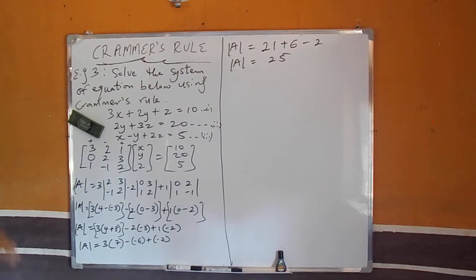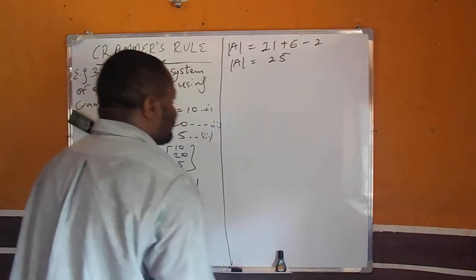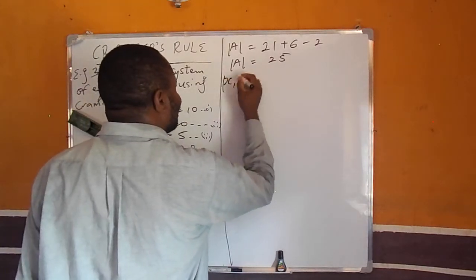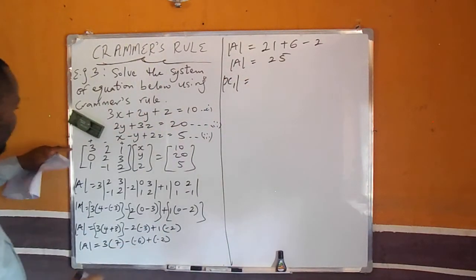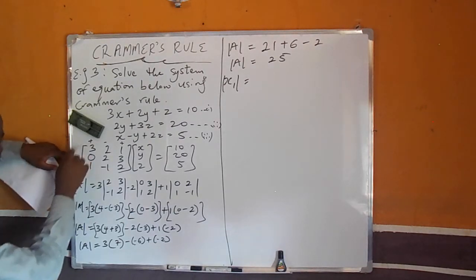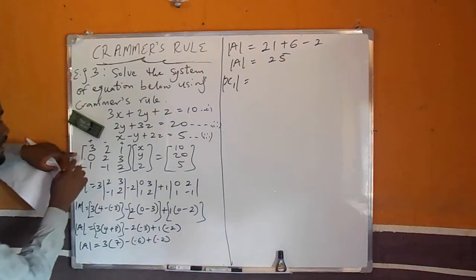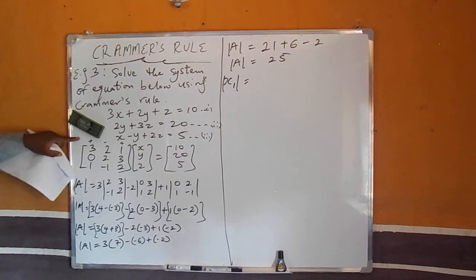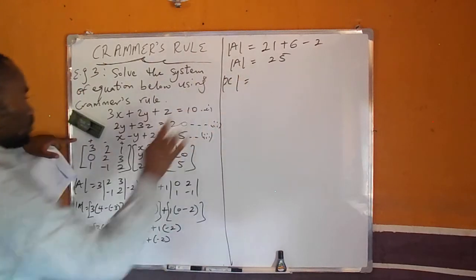Now we can look for the determinant of x1. The x1 determinant equals to, we come back to this place here. When we come back here, we have this box here. 3, 0, and 1, they represent x. So, okay, ordinary x, not x1.